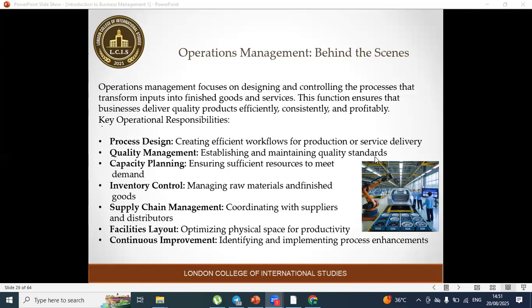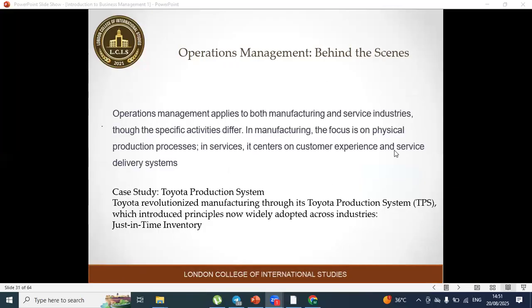Inventory control, managing raw materials and finished goods. Then supply chain management, coordinating with suppliers and distributors, facilities layout, optimizing physical space for productivity, continuous improvement, identifying and implementing process enhancements.